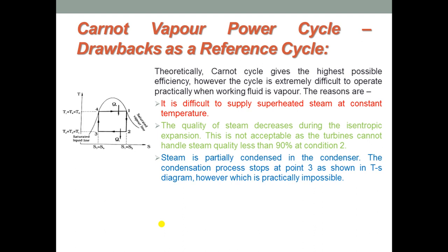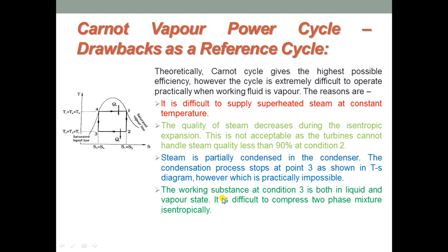The condensation process stops at point 3 as shown in the TS diagram. You can see here condensation takes place from point 2 to point 3, which is practically impossible. So, we cannot stop the condensation process at point 3. The condensation process stops when all the vapors are condensed to liquid.